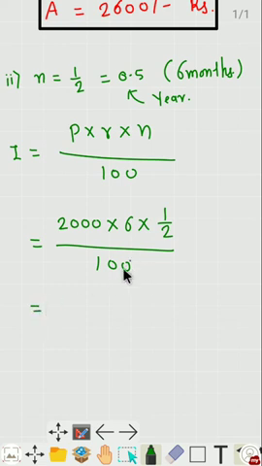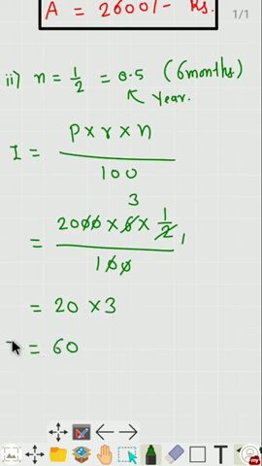Do the calculation, the zeros will get cancelled. What is left is 20 into 6 into 1/2, so 2 into 3 is 6, and it is equal to 60. So the interest after 6 months is 60 rupees.